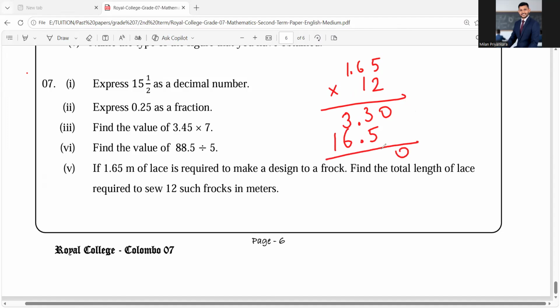Then you add, this is 8, this is 9, 1. Okay, your answer is 19.80 meters. Okay, now that's the answer. Even if you write 19.8, that is also 19.8 meters. Same thing, right?